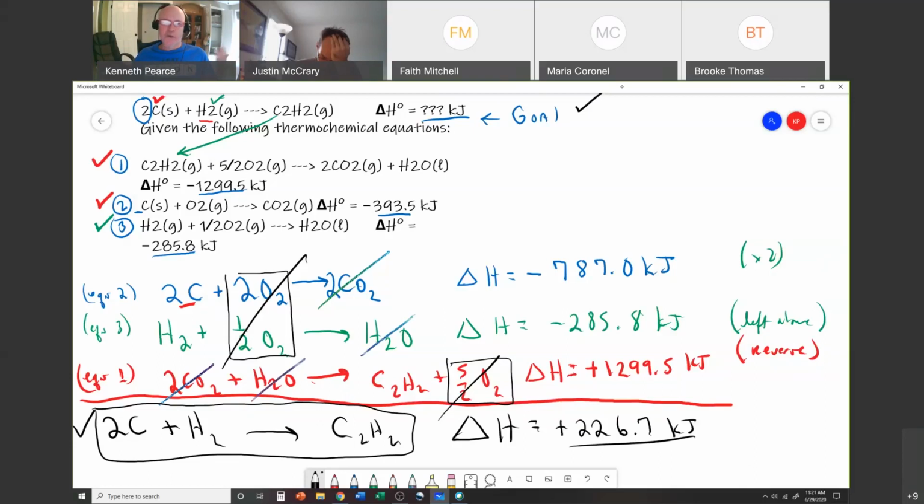In other words, did I do the manipulation correctly? If I can recover the goal equation, then I know that when I add up the delta H's that it will be okay. And sure enough, I recovered the original equation, and that means the goal equation must be right. And so the delta H's, short of not putting it in the calculator right, should be okay, and they are. All right.